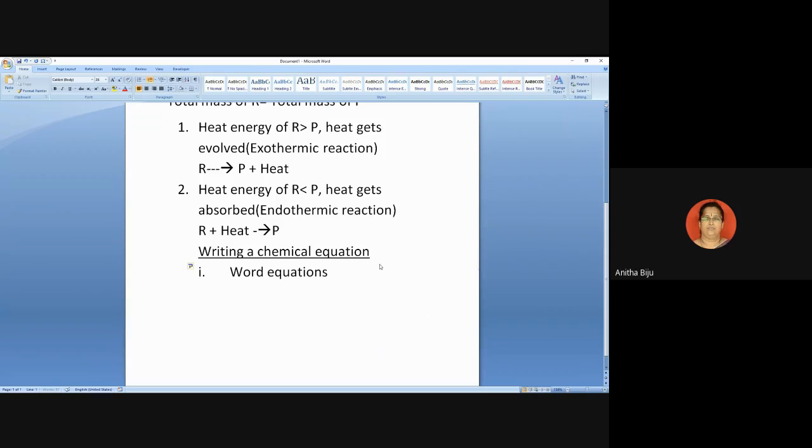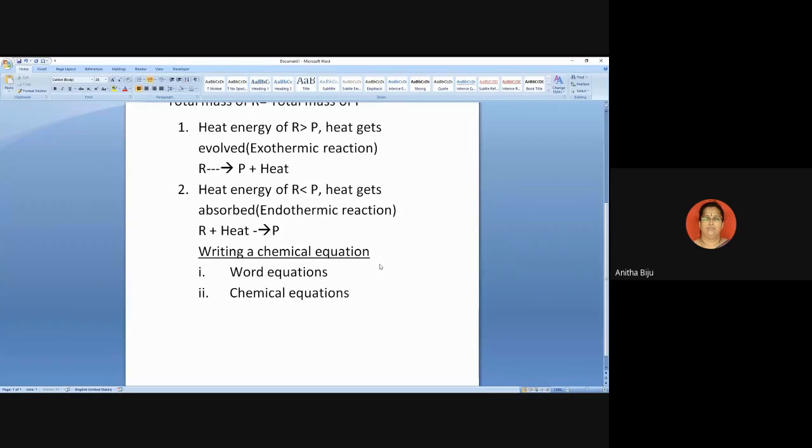Word equations are those equations where words related to reactants and products are expressed in the form of an equation. And the second one is called a chemical equation. A chemical equation can be written with the help of symbols and formulae of reactants and products.